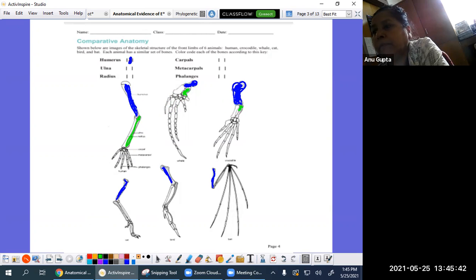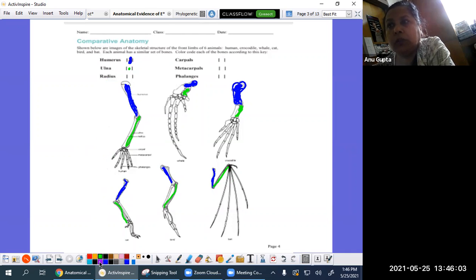This is the ulna. There is a pattern that can help you to locate it. This is the ulna. And this is the ulna here. And I think this is the ulna here. One of them.